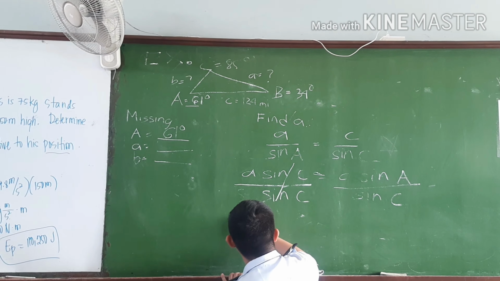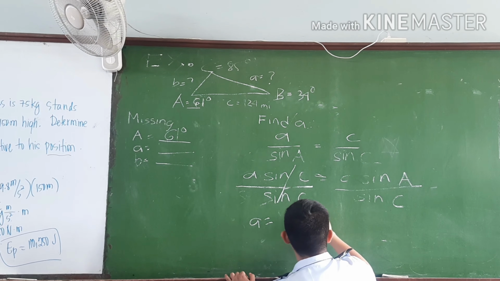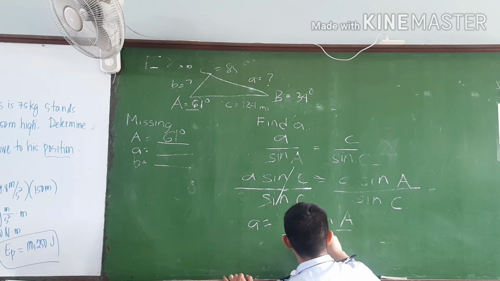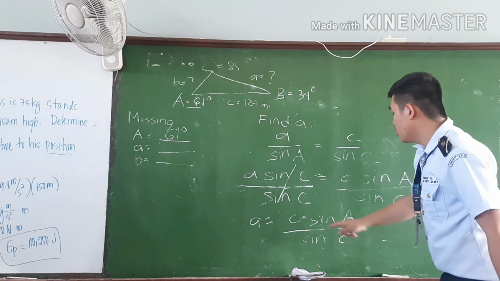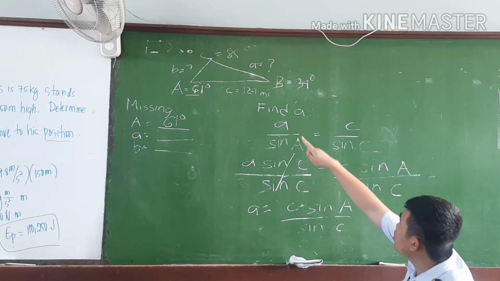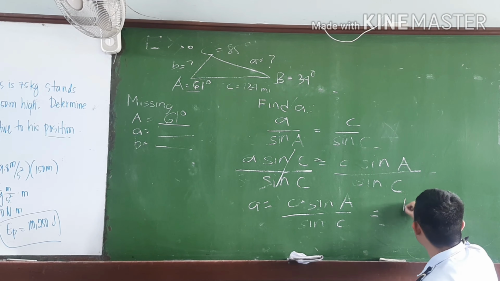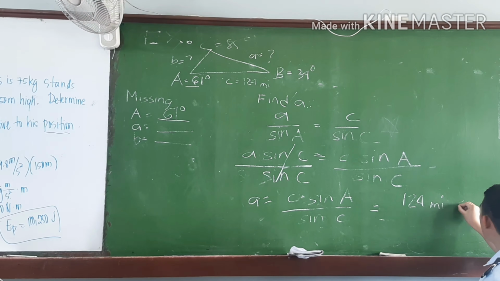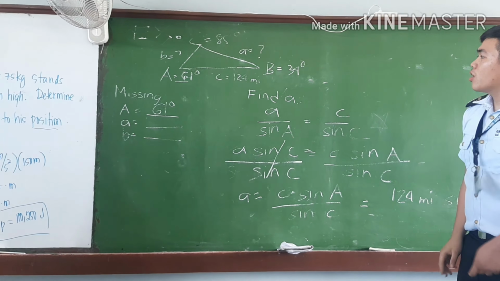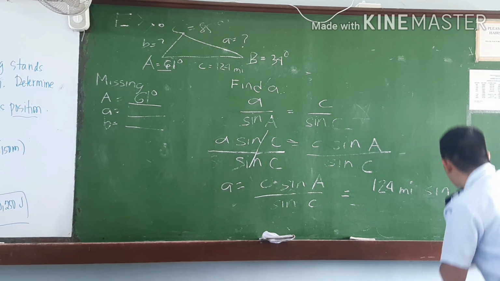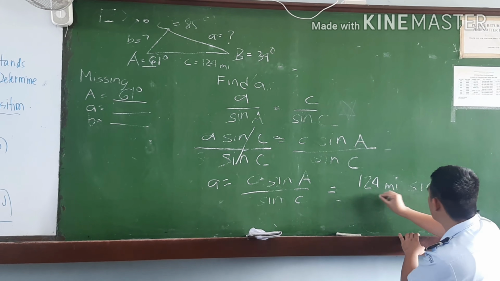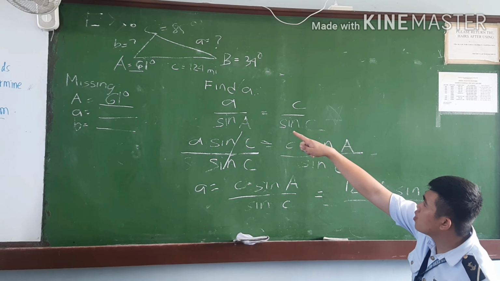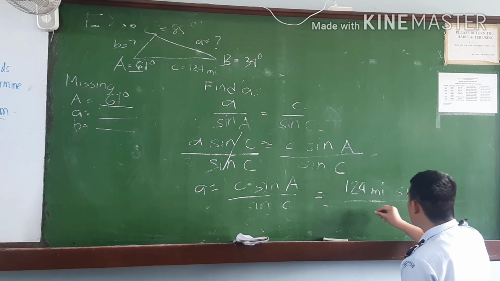So A is equal to C sine A over sine C. Side C is 124 miles, times sine of angle A. Angle A is equal to 61 degrees, over sine of angle C. The value of angle C is 85 degrees.